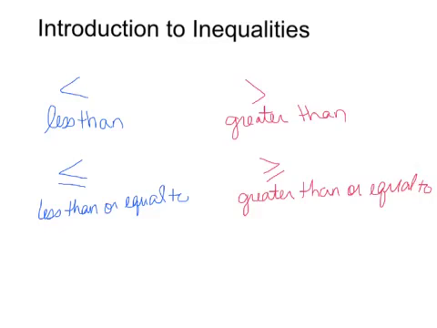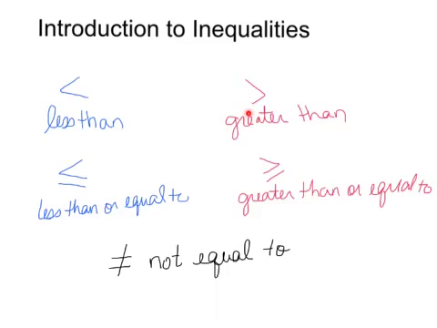And the final symbol we use, instead of using equals, is the symbol that says something is not equal to. Okay. Now you'll notice that I take the less than symbol and the greater than symbol that you are already familiar with when we're writing that 2 is less than 6 or 8 is greater than 2.